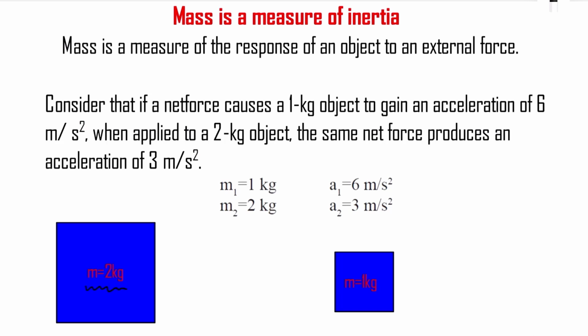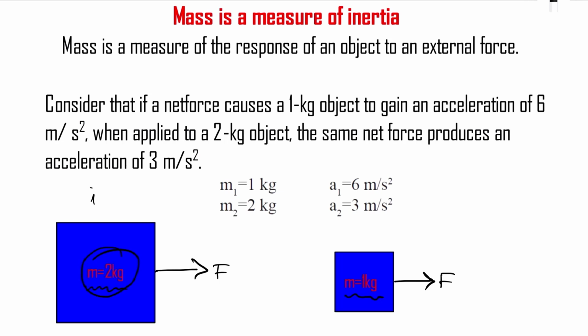Now here, I will explain something to you. I have one object which is 2 kg, and the other object which is 1 kg. If I apply the same amount of force F on both objects, because their masses are different, their accelerations will be different from each other.